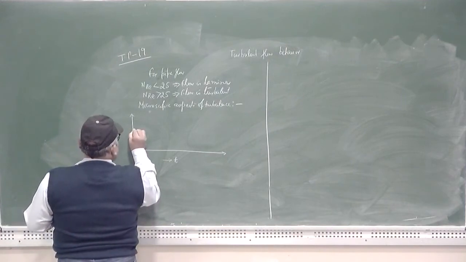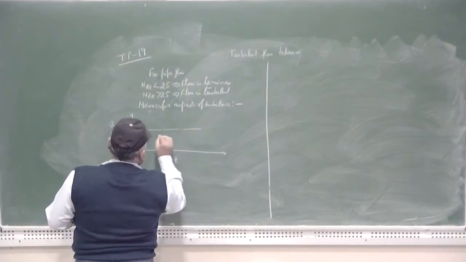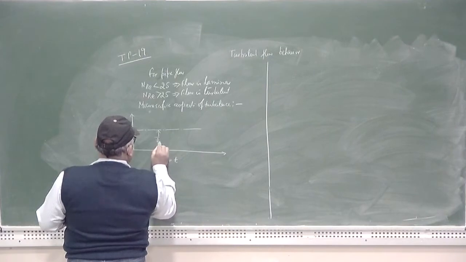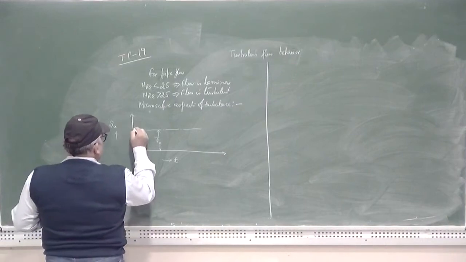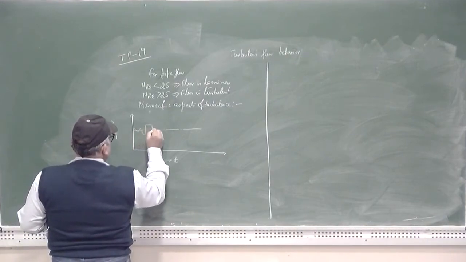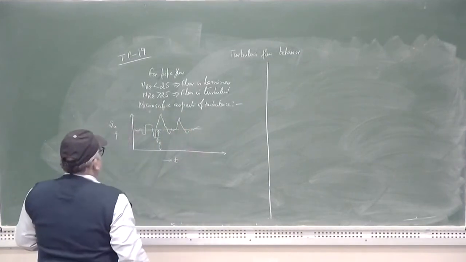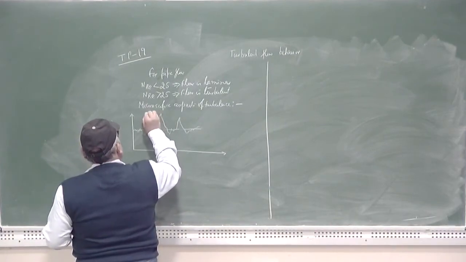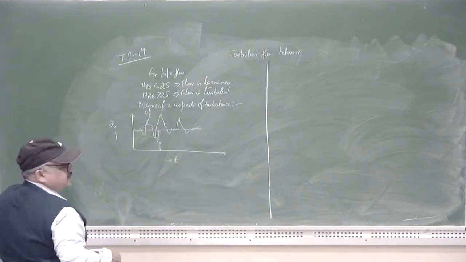Let us suppose this is your average value of velocity, the V average, the average value Vx. You will find that so many fluctuations are there in this manner. This is called your Vx dash, that is the local fluctuation of the velocity Vx dash.